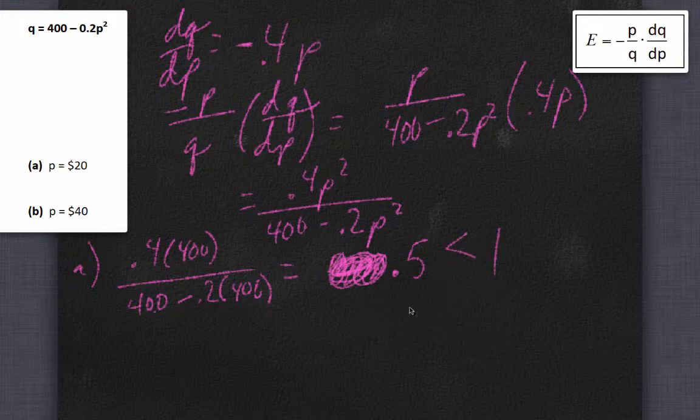And less than 1 means that demand changes slower than price, so it is inelastic. So as price increases, revenue increases.